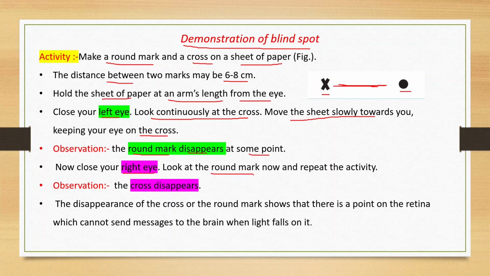Look at the round mark now and repeat the activity. Again you will observe that the cross disappears. The disappearance of the cross or the round mark shows that there is a point on the retina which cannot send messages to the brain when light falls on it, and that point is blind spot.